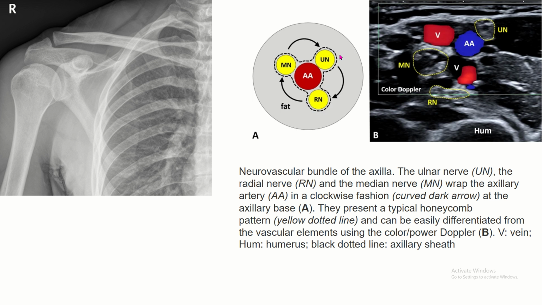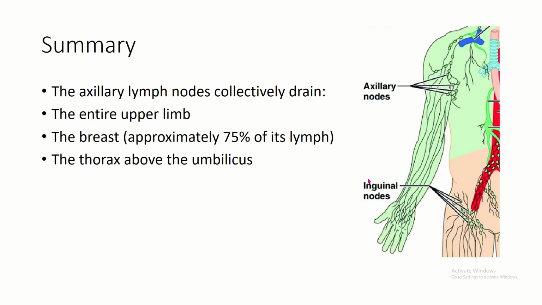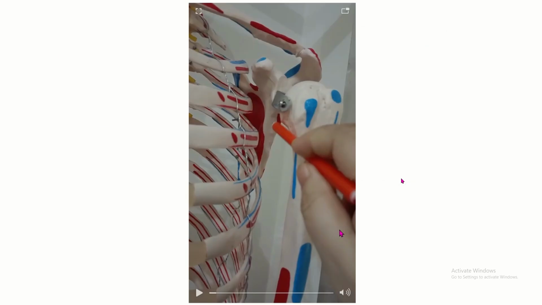The ulnar nerve arises from the medial cord, the musculocutaneous nerve arises from the lateral cord, and the radial nerve arises from the posterior cord. Axillary lymph nodes collectively drain the entire upper limb, breast, thorax above the umbilicus, and upper abdomen above the umbilicus.